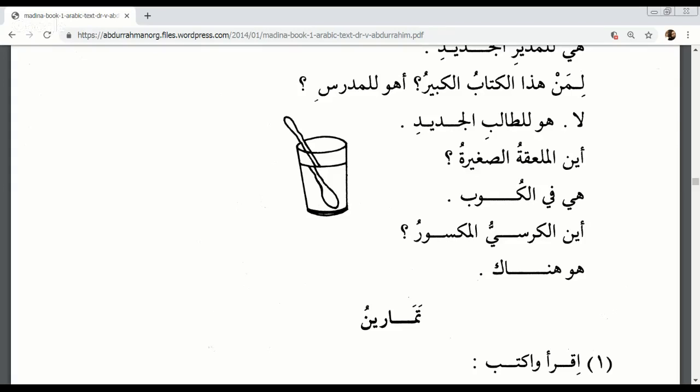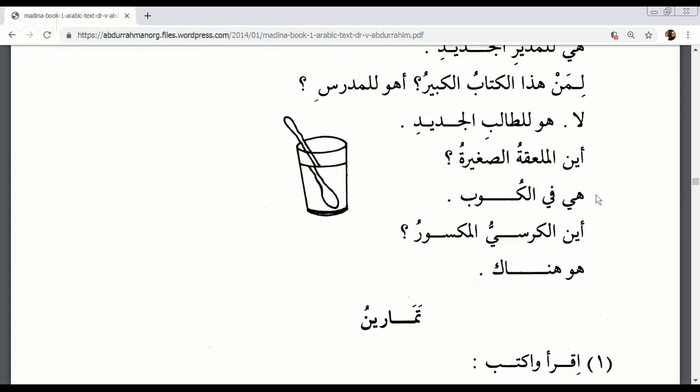Meaning? صغيرة is small. أين is where. So الملعقة means the spoon. Where is this spoon? Where is the small spoon? That's correct. Good. Go ahead, Zara.